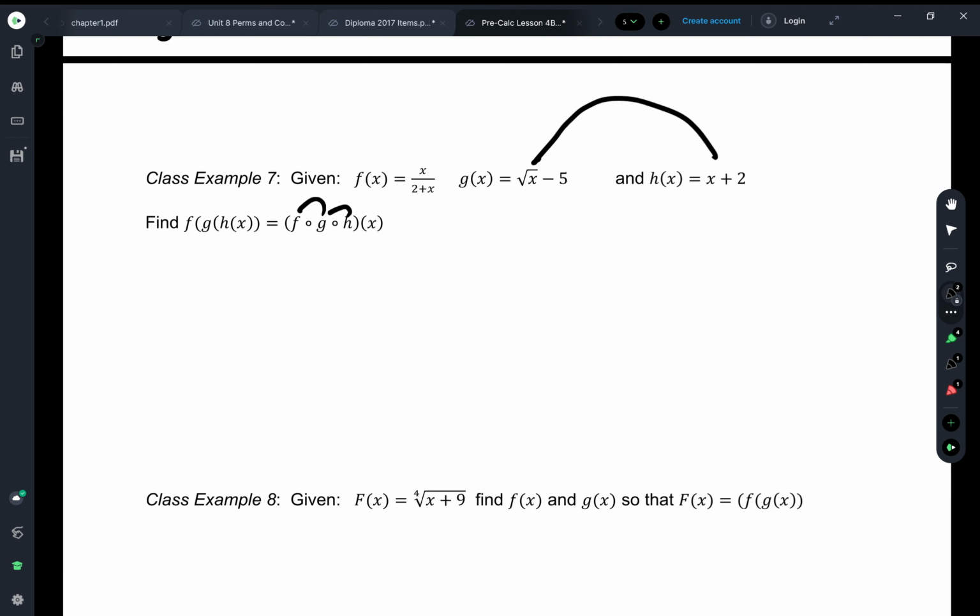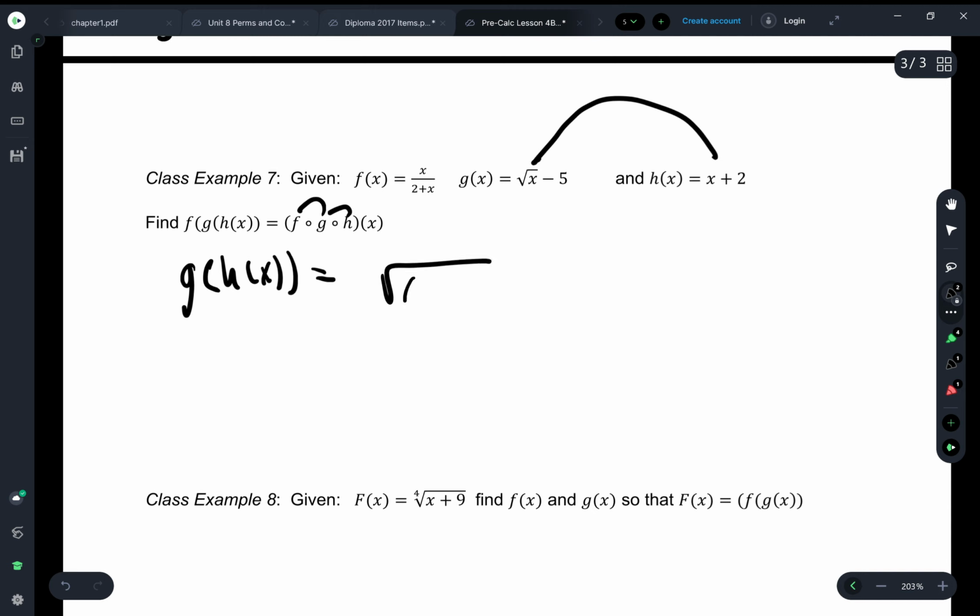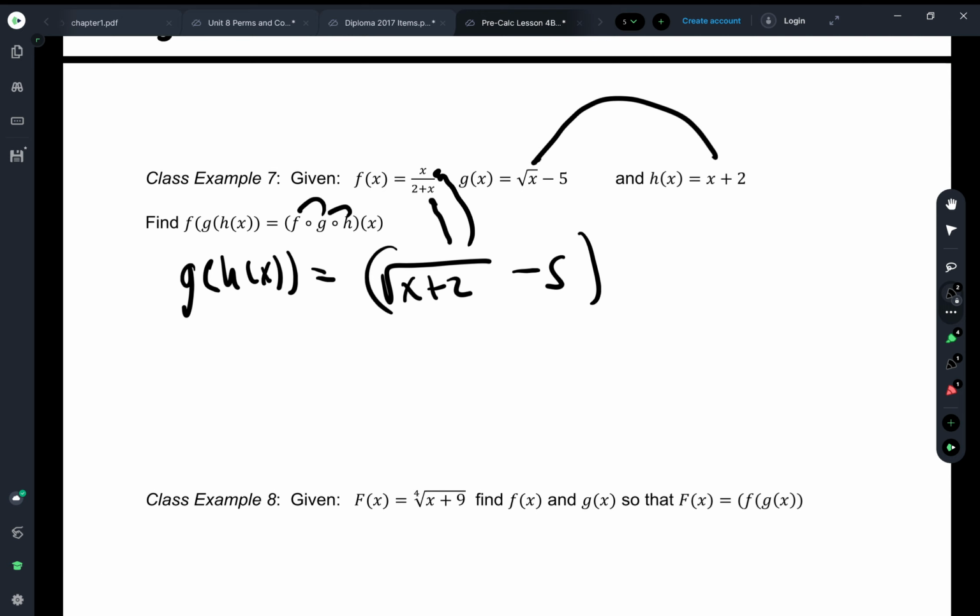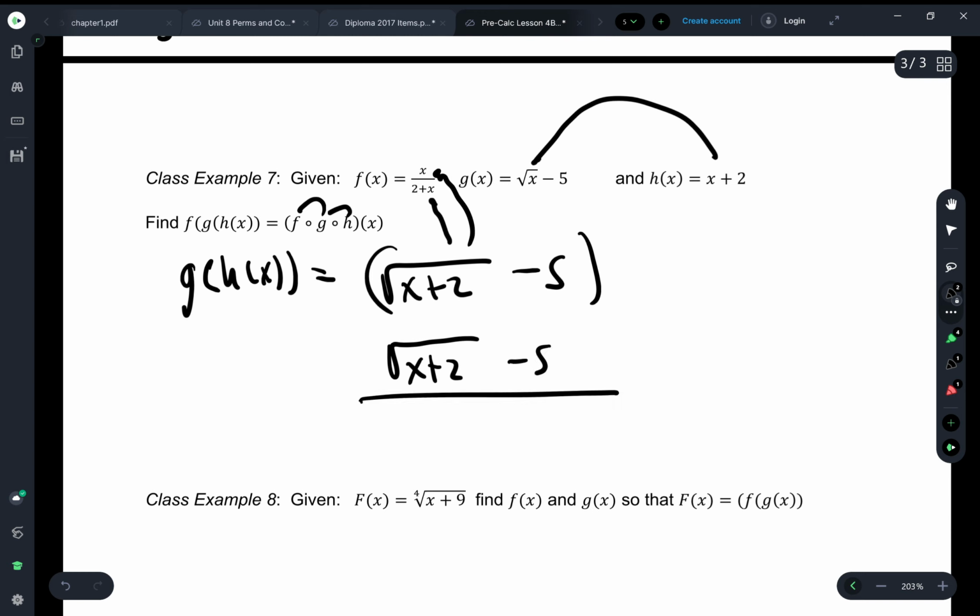Okay, so that means if I did g of h to start, that's going to be root x plus 2 minus 5. Now I have to take this and put it in these two spots. So you have a root x plus 2 minus 5 on top, all over 2 plus root x plus 2 minus 5.